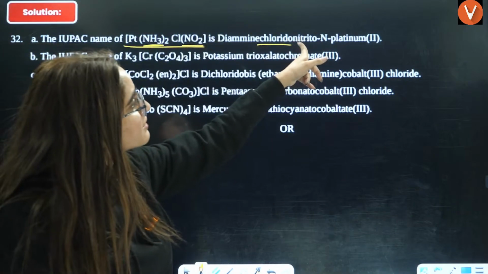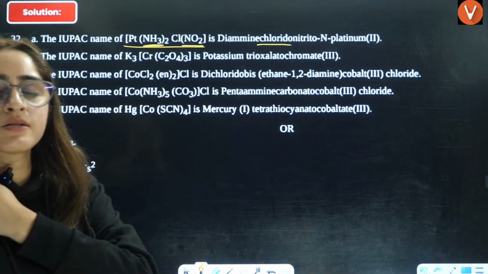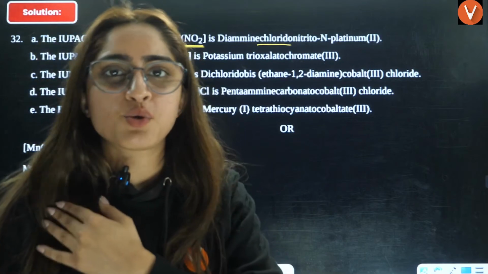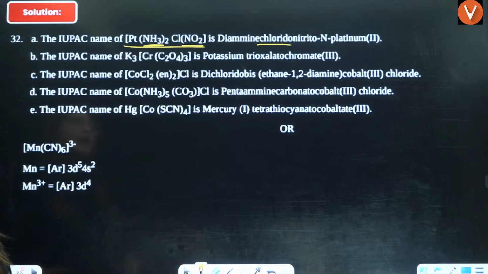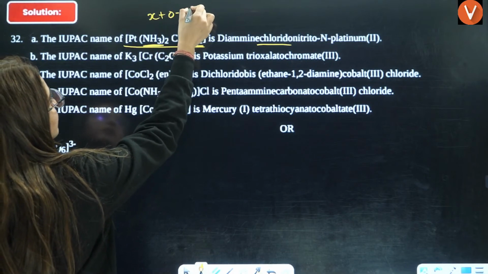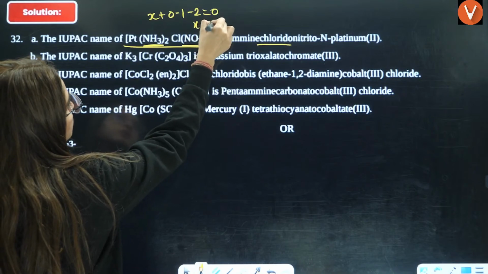So it will be nitrito-N. Then you will have platinum here. Why? Because the central metal atom is neutral, right? It is not negative, so directly you will write platinum. And the oxidation number you will calculate: x plus 0 minus 1 minus 2 is equal to 0. So x is going to be 3.